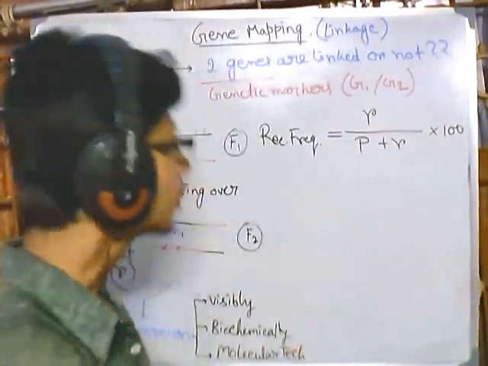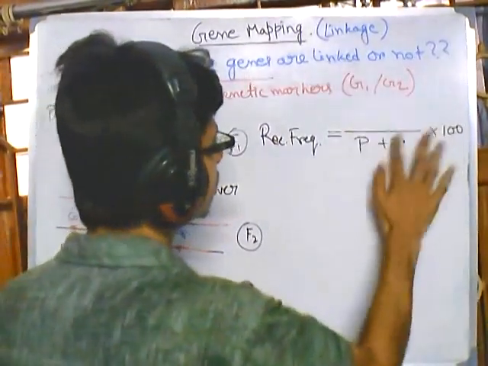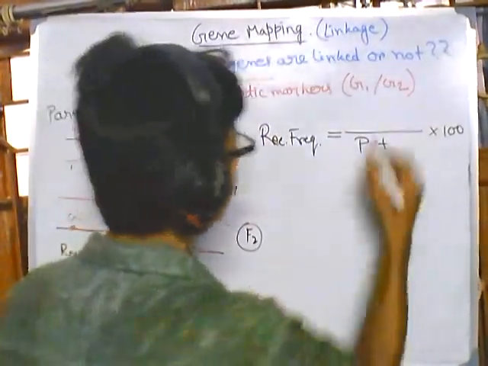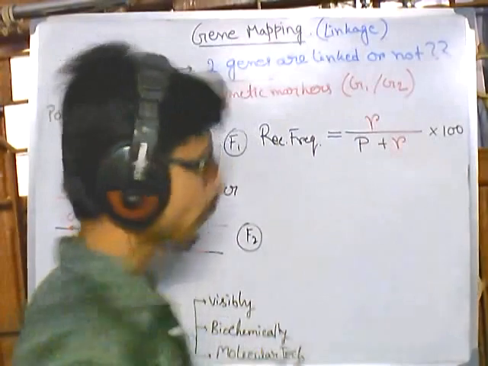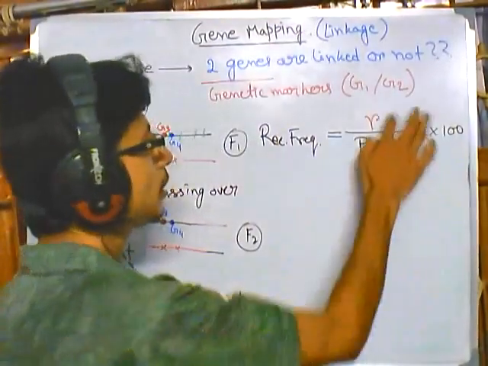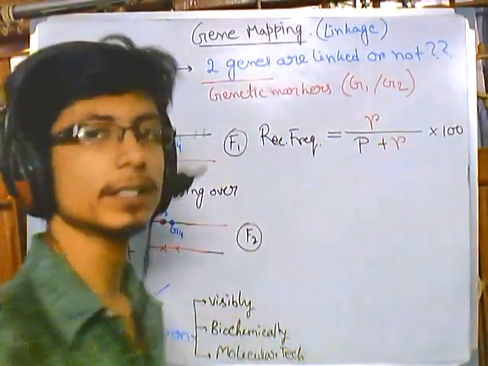Okay, so here let me change the R with a different color. So this is recombinant frequency, P for parental phenotype.